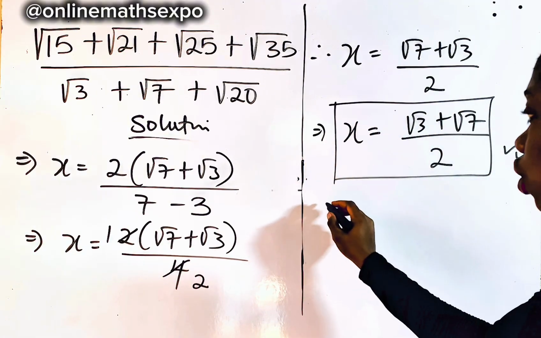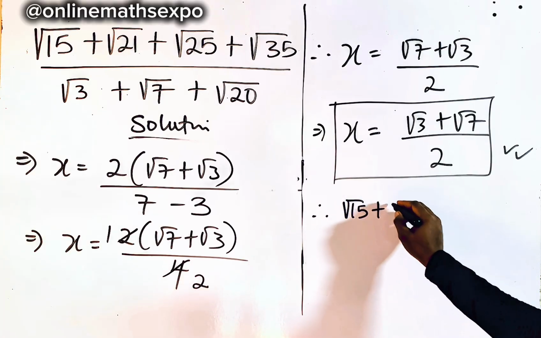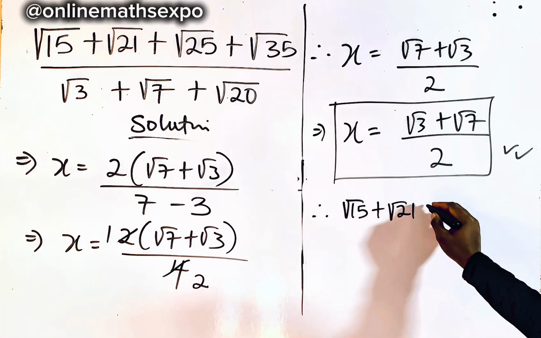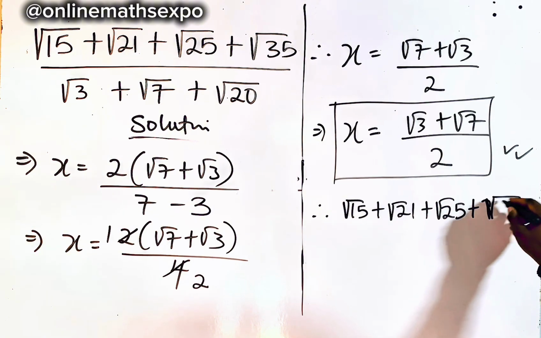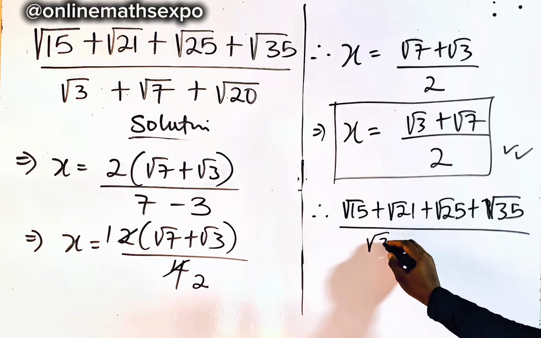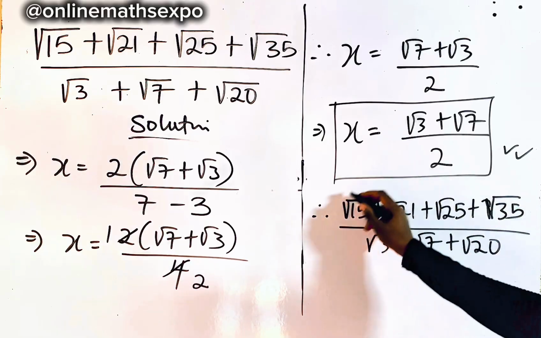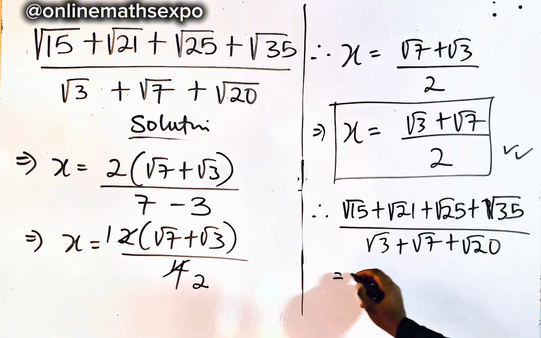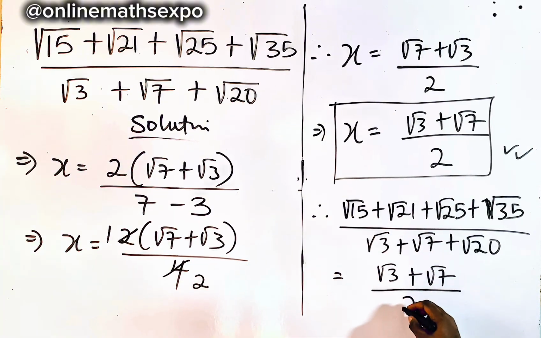So in conclusion, it means that root of 15 plus root of 21 plus root 25 plus root of 35 divided by root of 3 plus root 7 plus root 20. For simplifying this, we have root 3 plus root 7 divided by 2 as an answer.